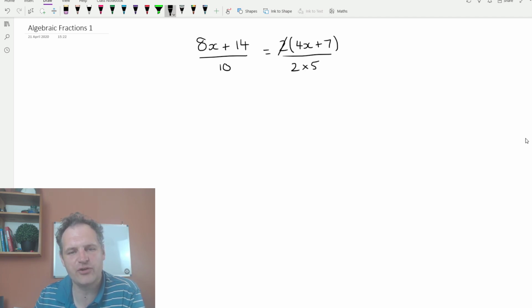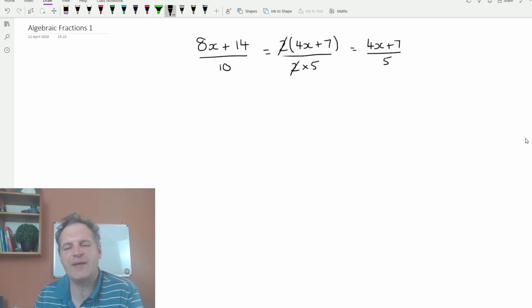That is why the 2 cancels there, leaving us with 4x plus 7 over 5. And once you've got down to a single bracket, you do not need to include the bracket. Because it's all got the line underneath it, it is assumed there's a bracket there, so we don't need it. You don't lose any marks for taking away the bracket, you don't lose any marks for keeping it there.